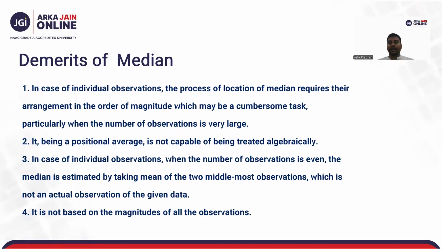Next point: in the case of individual observations, when the number of observations is even, the median is estimated by taking the mean of the two middle most observations, which is not an actual observation of the given data. This is one of the demerits.